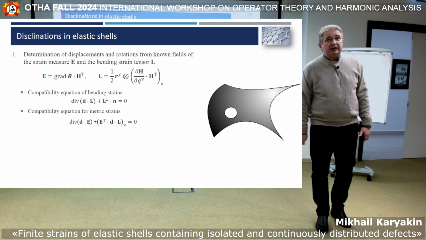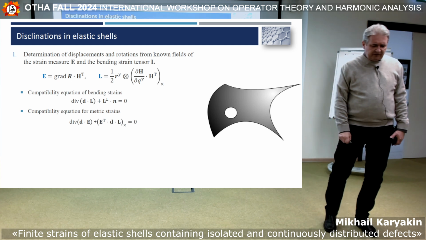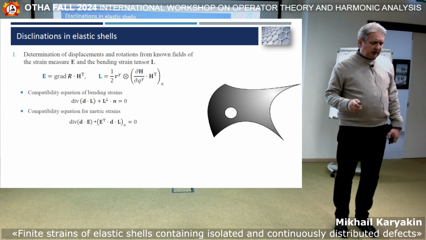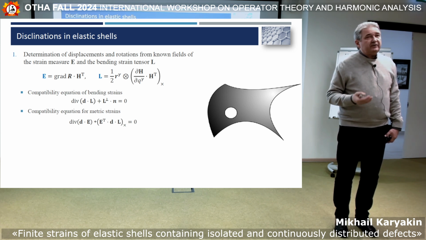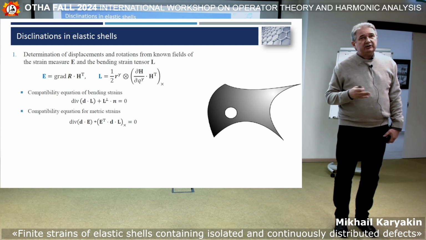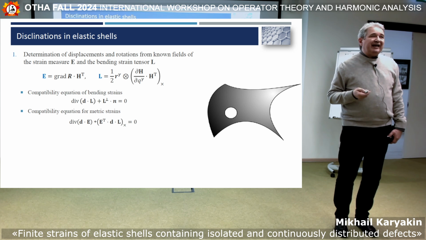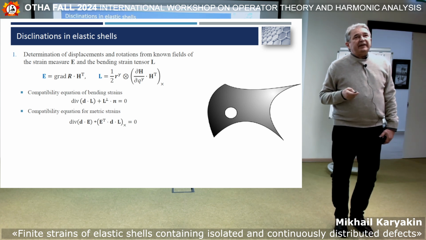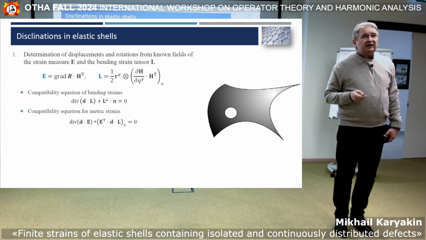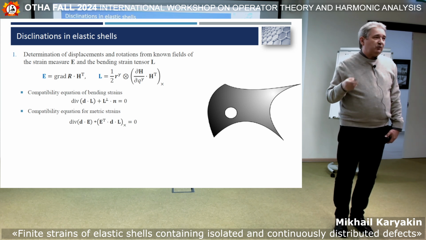And another example of that general theory. I spoke about dislocation, meaning translational dislocation. If I want to generalize this theory to the case of rotational dislocation, or disclination, we have another big problem. In the case of finite deformation, in the previous case, the vector r was a multi-valued function.